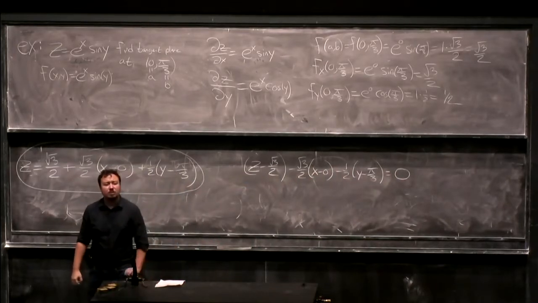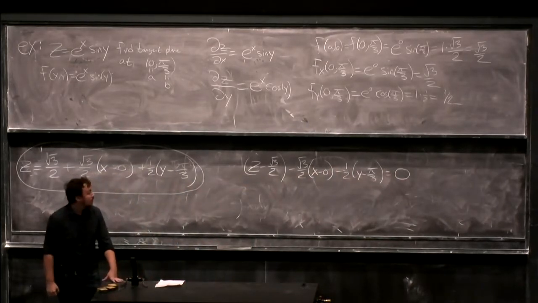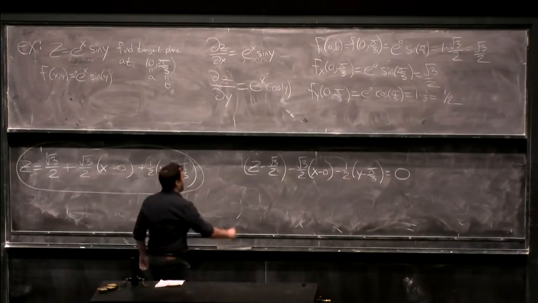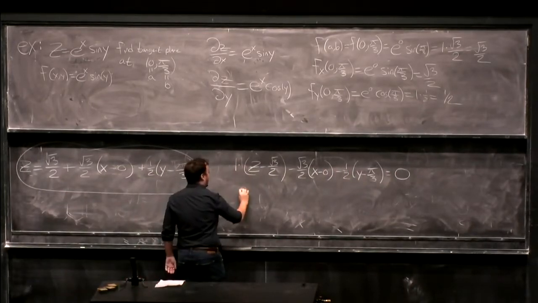So now we have our plane in standard form, so we could just read off what the normal vector is going to be. So there's like a 1 right here.